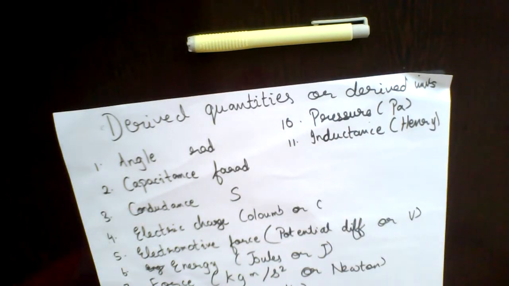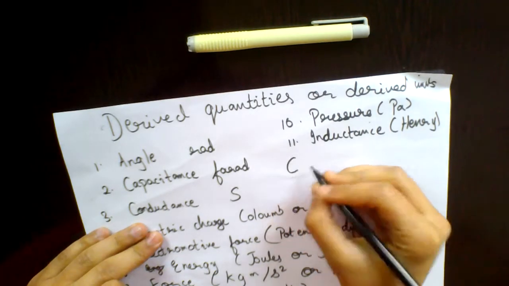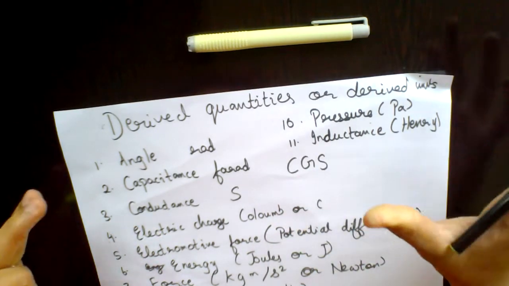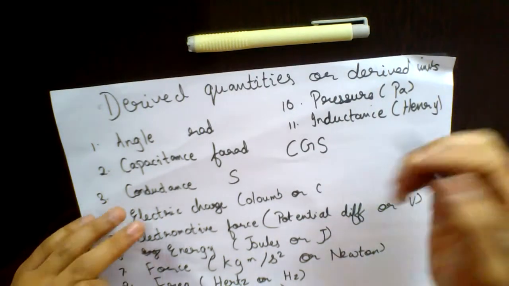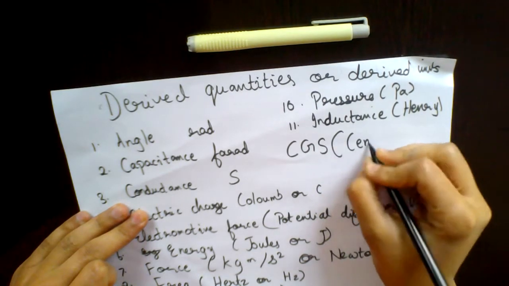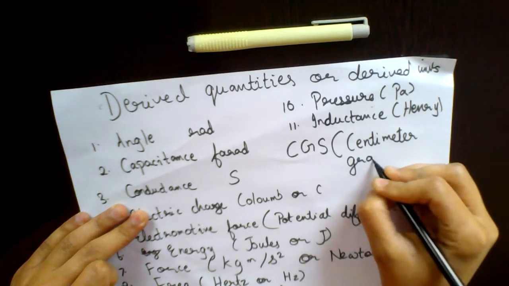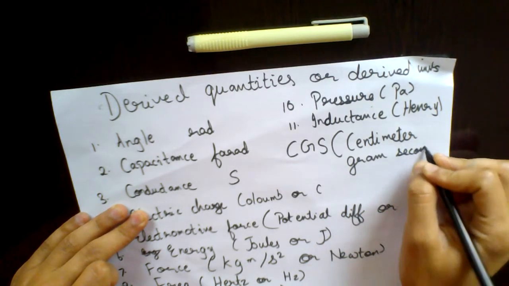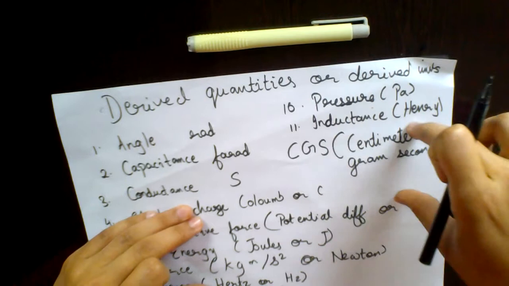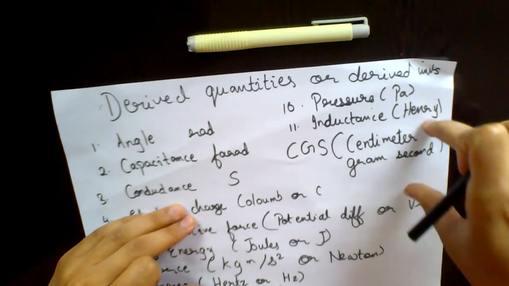Apart from the SI system of units, you had the CGS. Just in case for those people who will be wondering what CGS stands for, it is centimeter, gram, second. This unit is not used nowadays, so I won't be going into detail.